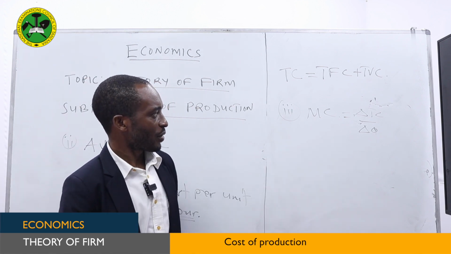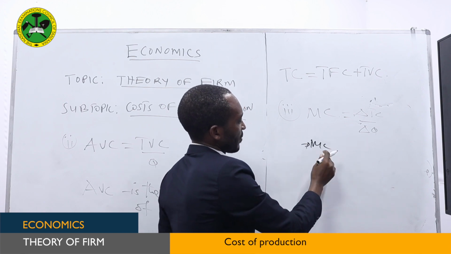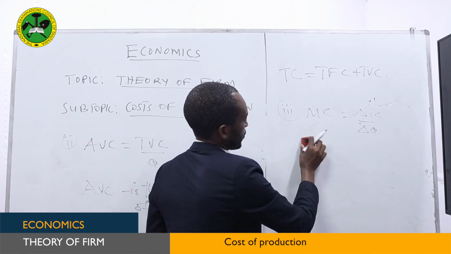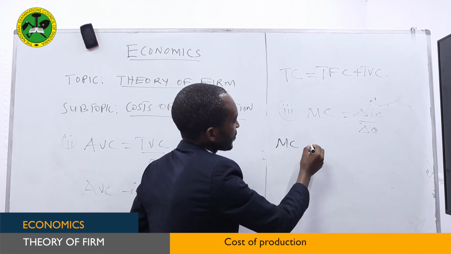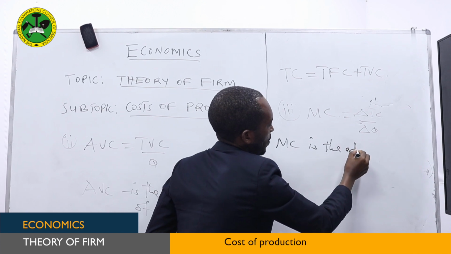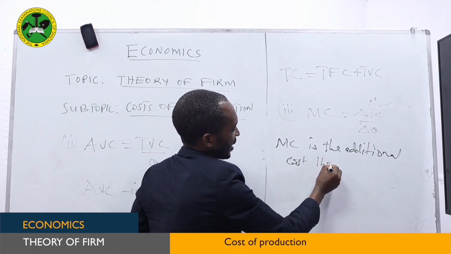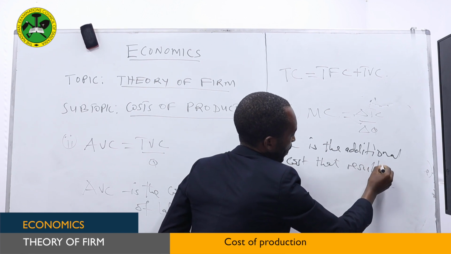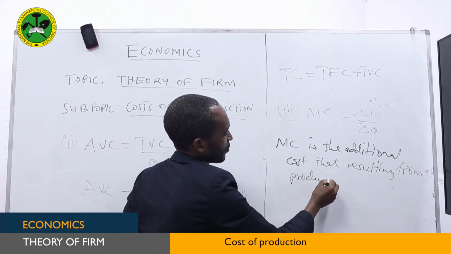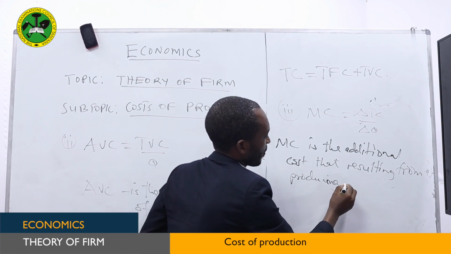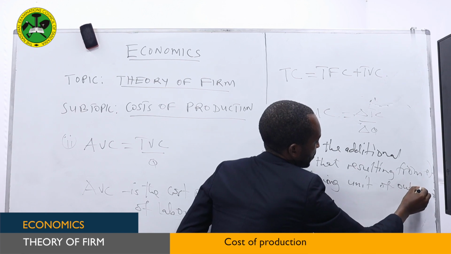We can define marginal cost as the additional cost resulting from producing a unit of output.